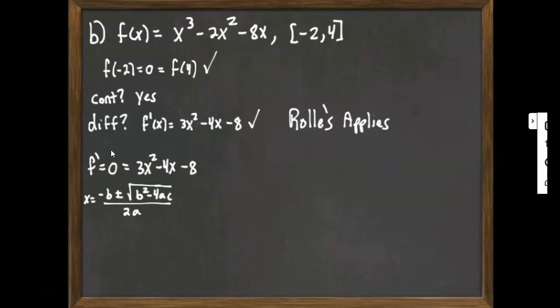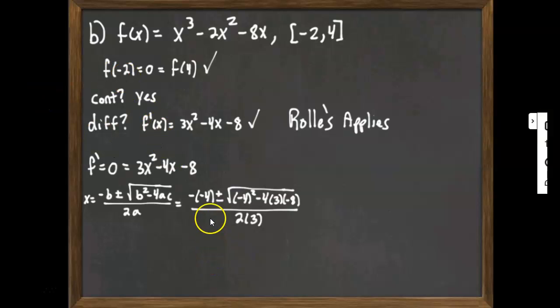I plug in my coefficients and get the negative of -4, plus or minus the square root of (-4) squared minus 4 times 3 times -8, all over 2 times 3.